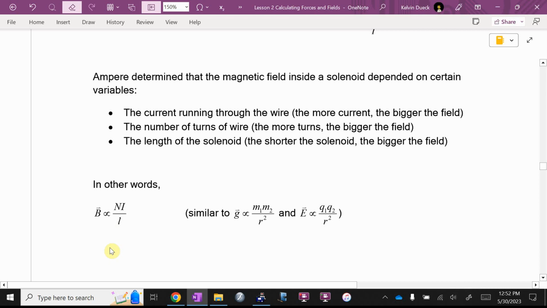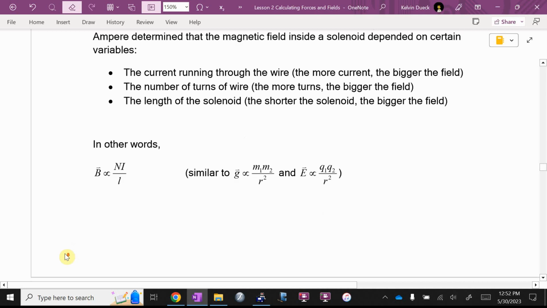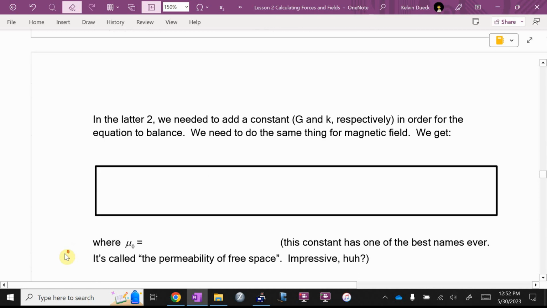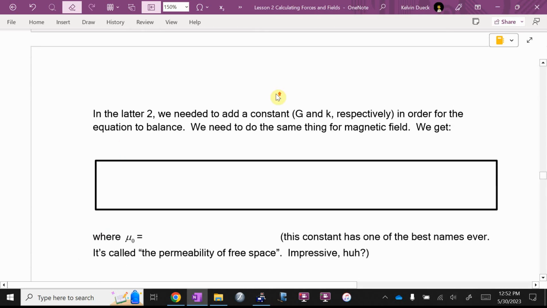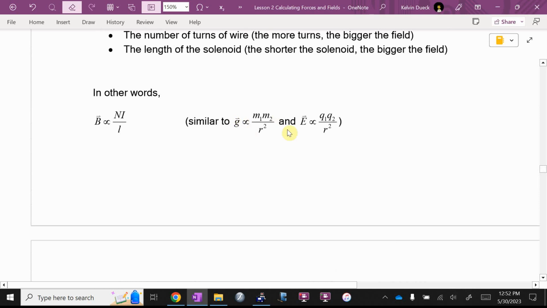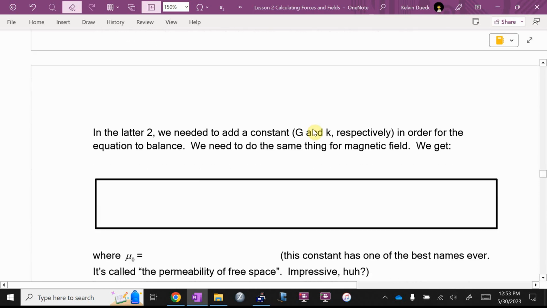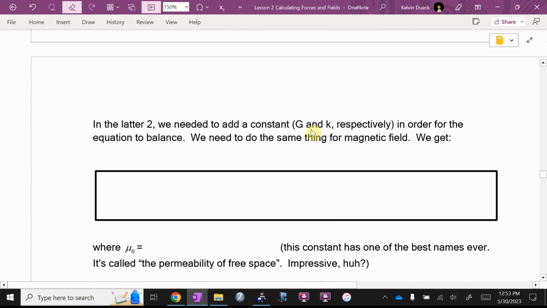Much like we needed to multiply the gravitational equation by a big G, 6.67 times 10 to the negative 11, to get newtons, and a little k for electric field, there is a constant. It may be my favorite constant because of the name. So for gravitational field and for electric field, we needed to add a constant. We need to do the same thing for magnetic field.